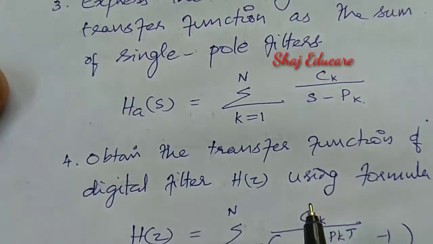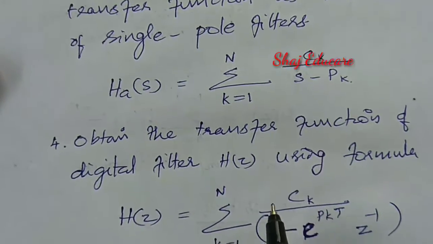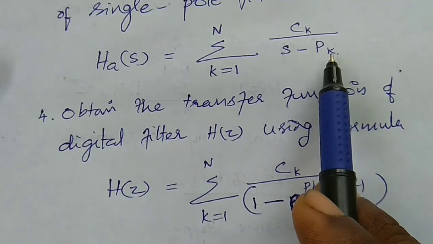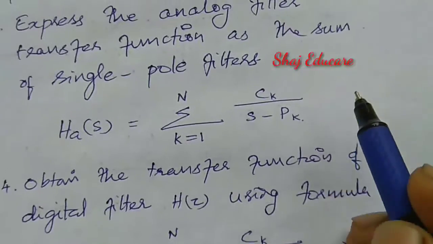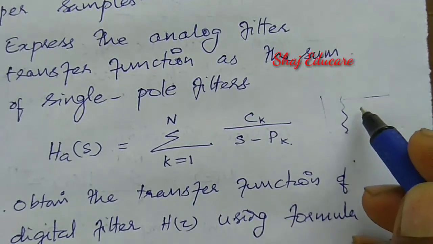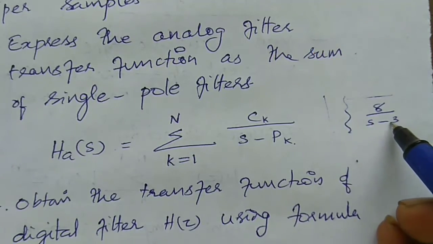Then the last step is to apply the transformation, where Ck will be a constant and Pk will be a pole. Say for example, 8 by s minus 3.